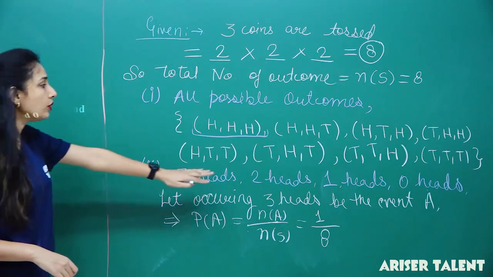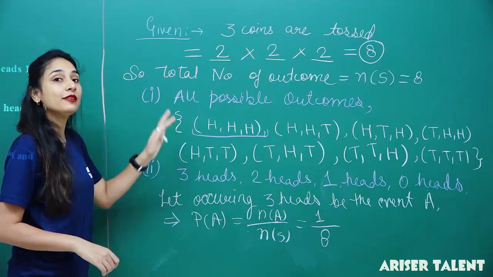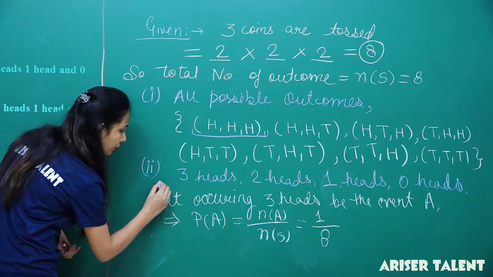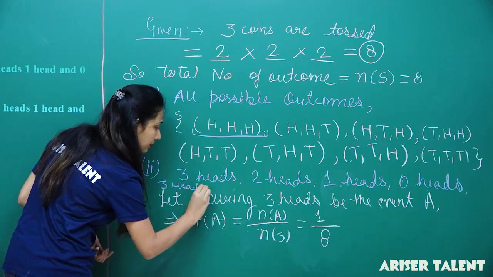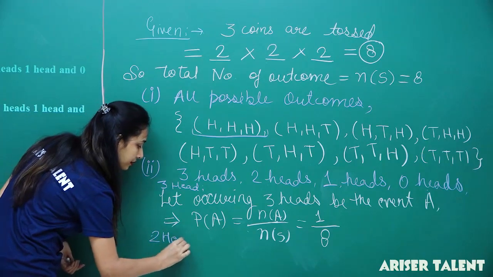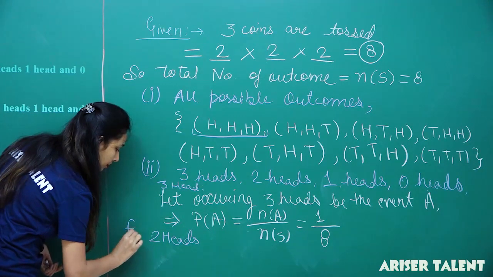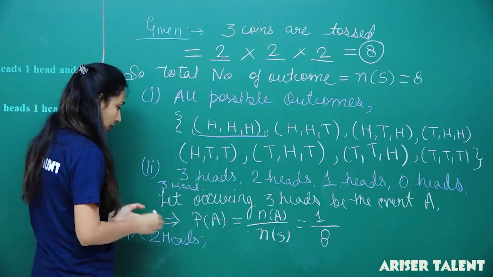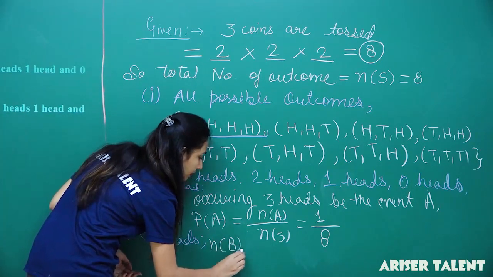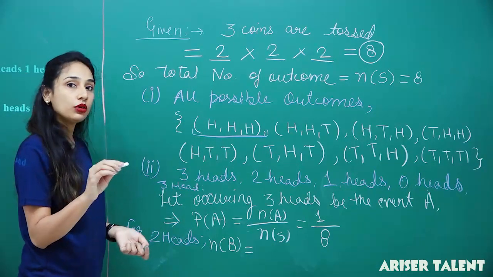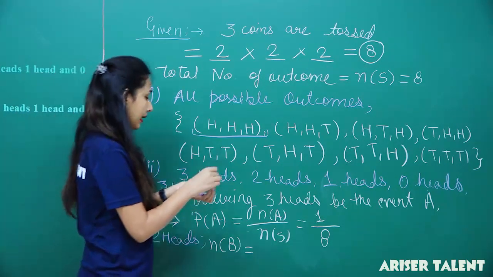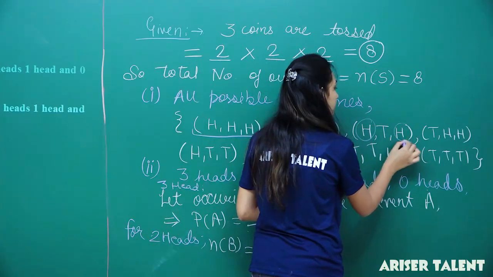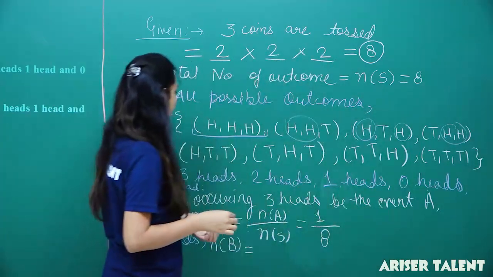Similarly, if I go with the 2 heads case, I'll assume that as PB. That is for 3 heads, and now that is for 2 heads. For 2 heads, I'm directly writing the value of N. Here it will be B, the number of favorable outcomes for getting 2 heads. I'm getting 2 heads here, 2 heads here and here, right?